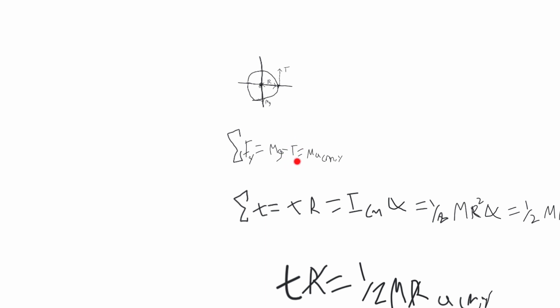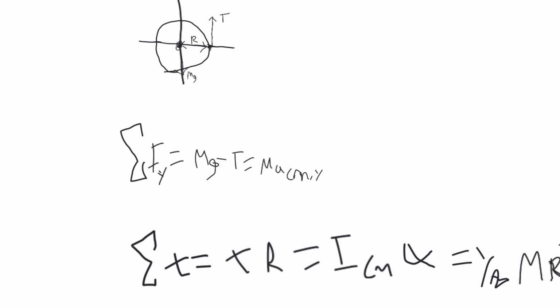We want to find the tension force, so we'll definitely be using this later on. That is equal to the mass times the acceleration in the y direction, which we'll also use to find the acceleration.